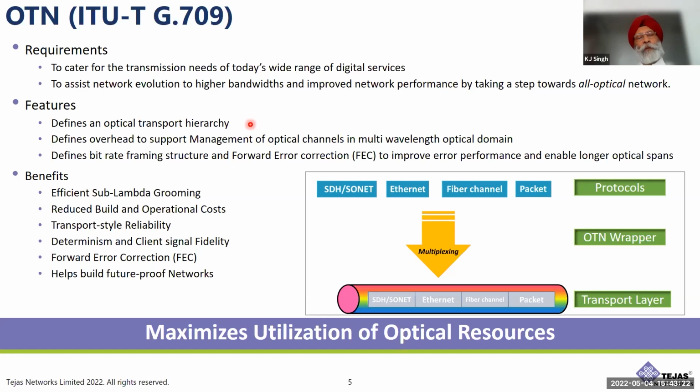So it defined a new optical transport hierarchy, and this time they took a conscious decision to define the management of optical channels in a multi-wavelength optical domain and the different bitrate framing structures. And most significantly, the framing structure allowed for a forward error correction field inside it.